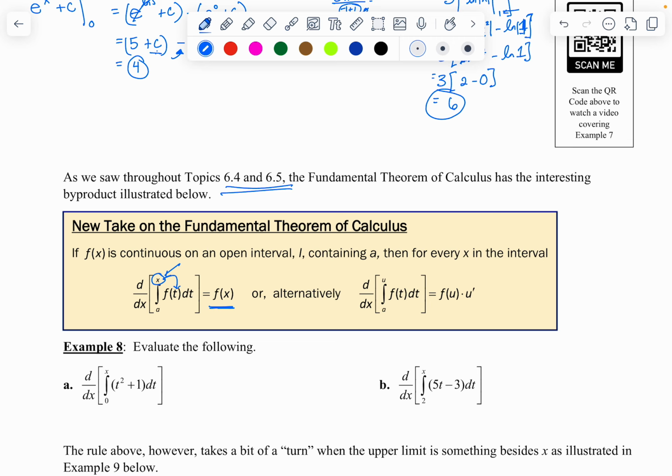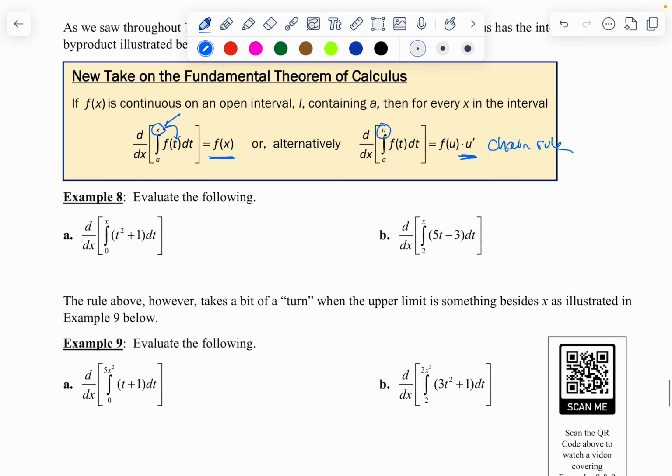So that gets plugged in and you're done. But if one of the bounds is not x, if it's a function, you remember that you have to multiply it by the chain rule. So we can't forget that.